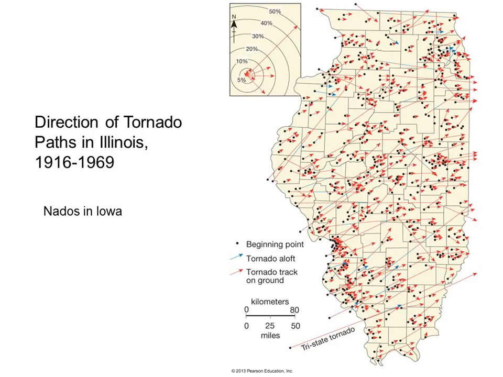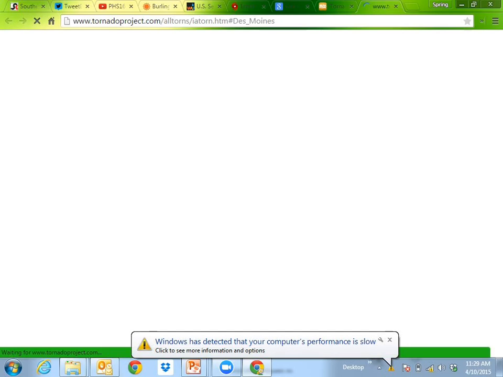So here, let's see if it works for us, is a website that I think is kind of cool. They've broken it out by county. So it's going to show you Des Moines County first. I can't remember what time frame it is.